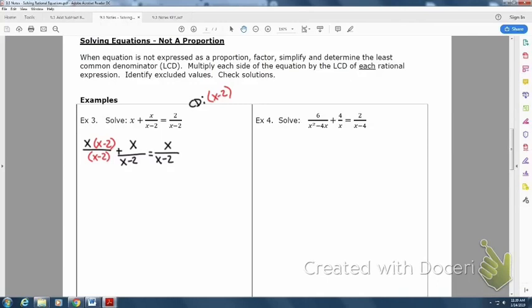All right. Malachi, what would be my only excluded value on this one? I can ignore all of my denominators.